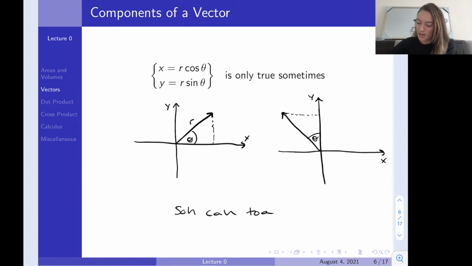So the adjacent side of our triangle here gets r cosine theta. So now r cosine theta is actually giving us the y component of our vector. And the opposite side from theta is r sine theta, because sine equals opposite over hypotenuse. So the opposite side from our theta gets the r sine theta. And now we can see that sine theta is actually the x component and cosine theta is actually the y component. So I would say just forget this.